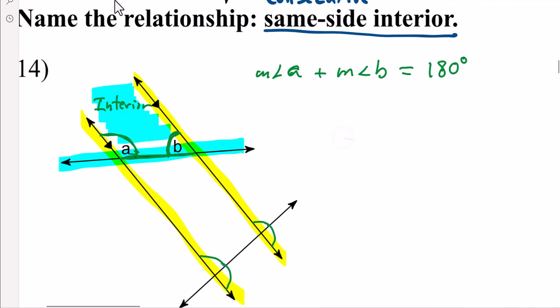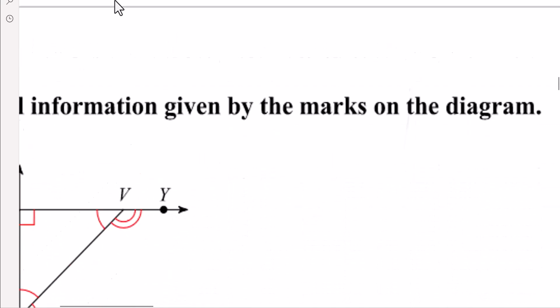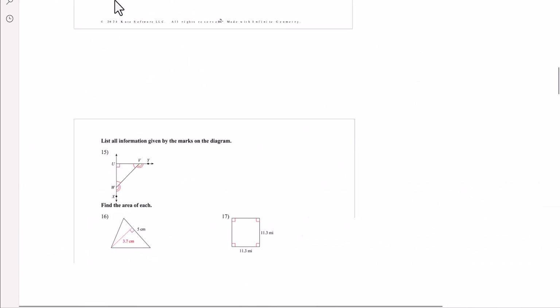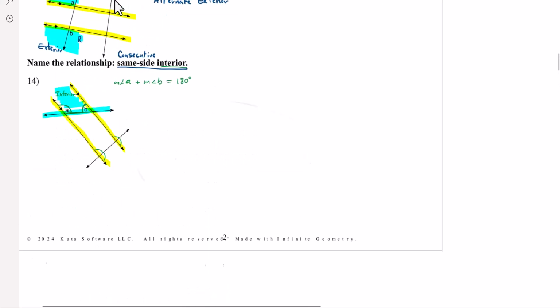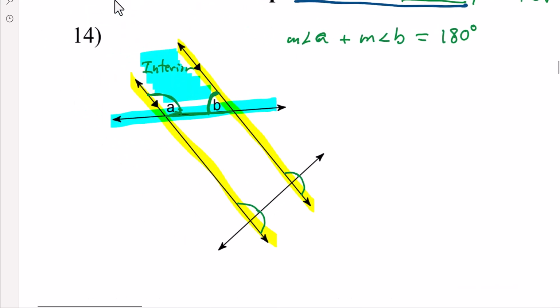Whether they are same side interior or same side. Oh, did I not put that on here? I did not. Same side exterior. So for example, let's take this transversal over here. This angle right here, this angle right here, one's acute, one's slightly obtuse.